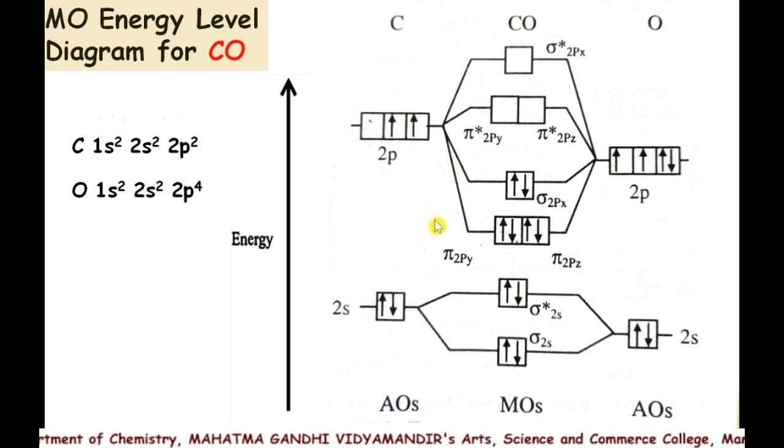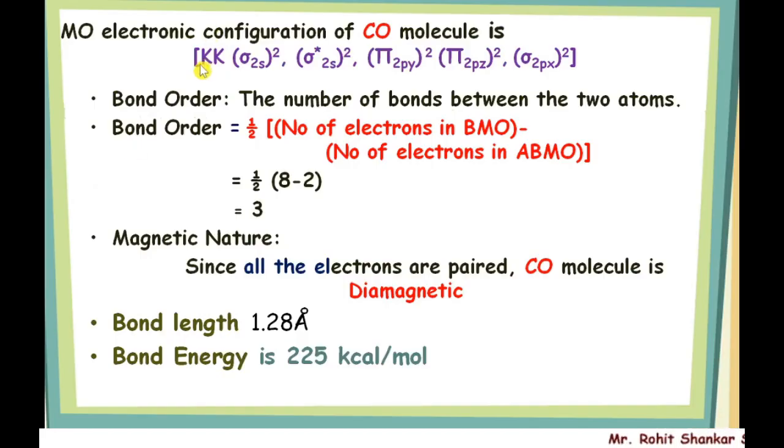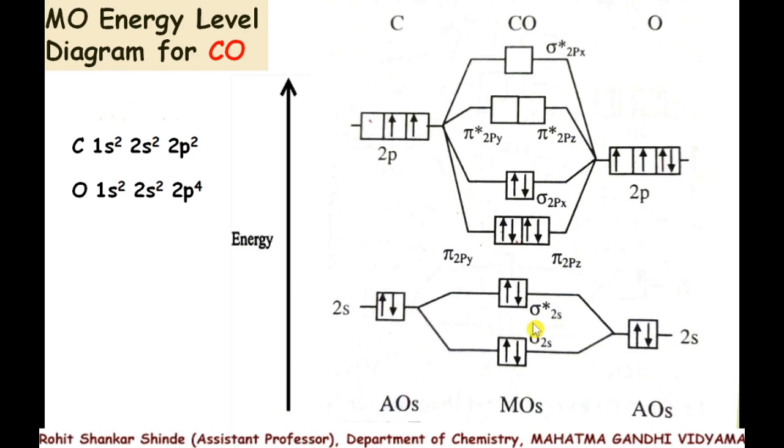Now, while writing the electronic configuration of carbon monoxide, first we have to write capital K for the 1s2 electrons of both carbon and oxygen. So it is written here KK. After this, 2 electrons are occupied in sigma 2s. Next 2 electrons go to the antibonding molecular orbital, that is sigma star 2s.